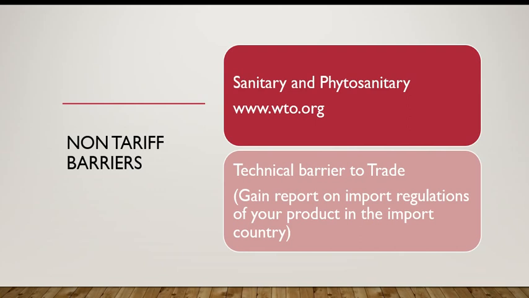For example, GAIN report on import regulations of desiccated coconut powder in US. Please take immense care to read the details in the reports. This will help you to avoid loss in the exports and also to gain good export orders and regular export orders.